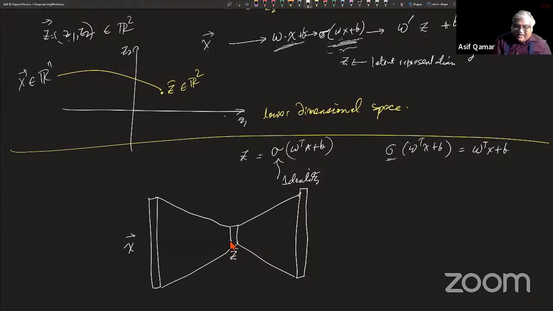If we say that Y should tend to X, right? In other words, the output should be the same as the input.